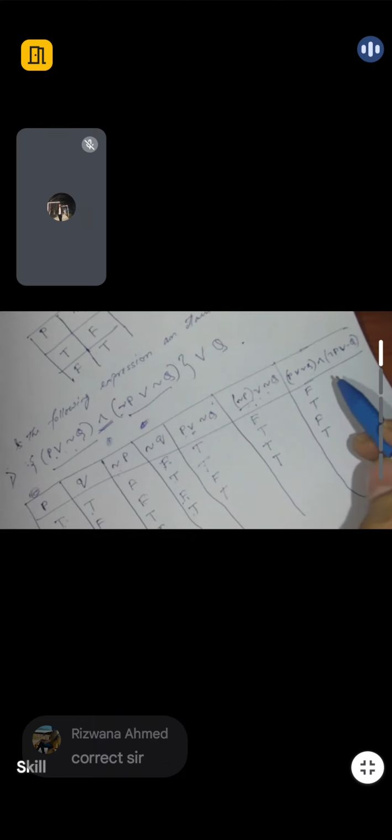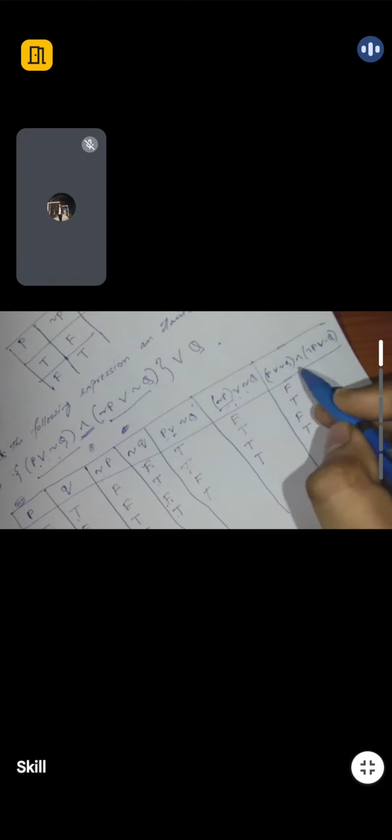Okay, now we are not completed yet. We have to again compare with Q by the operator OR. So let's take this expression, I'll try to write here.